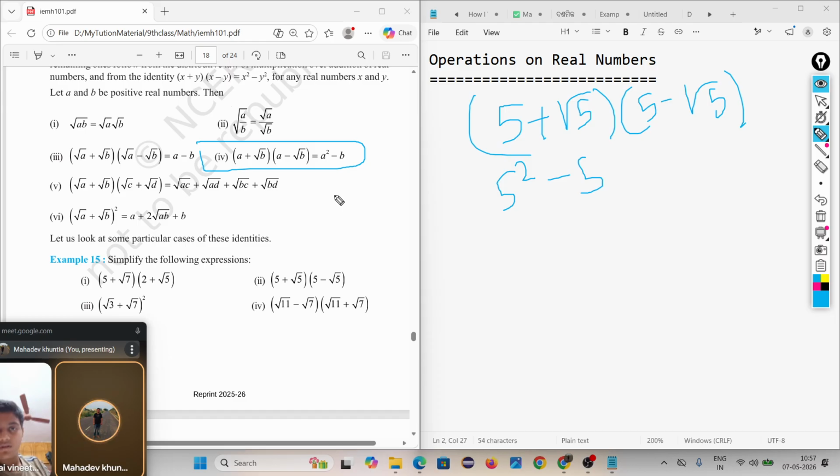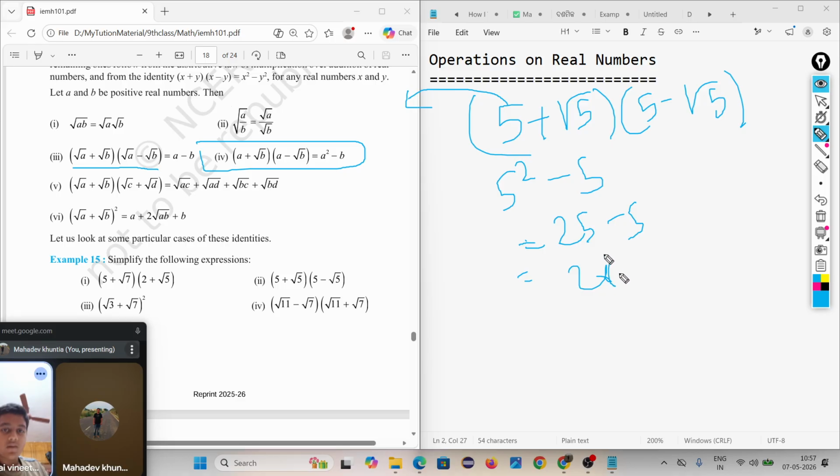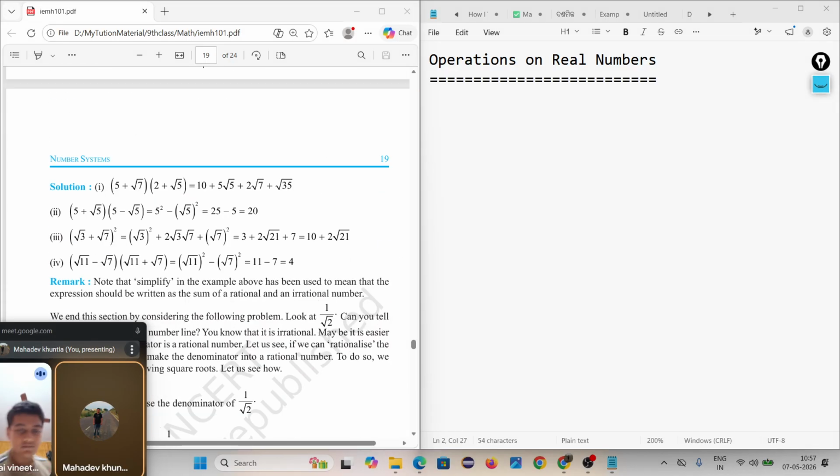Just wait one second. You can also apply A plus B, A minus B, but here the first term does not have a root, so that's why I am applying this. 5 square minus 5. 5 square is 25, minus 5, 20. Look, the answer is 20.